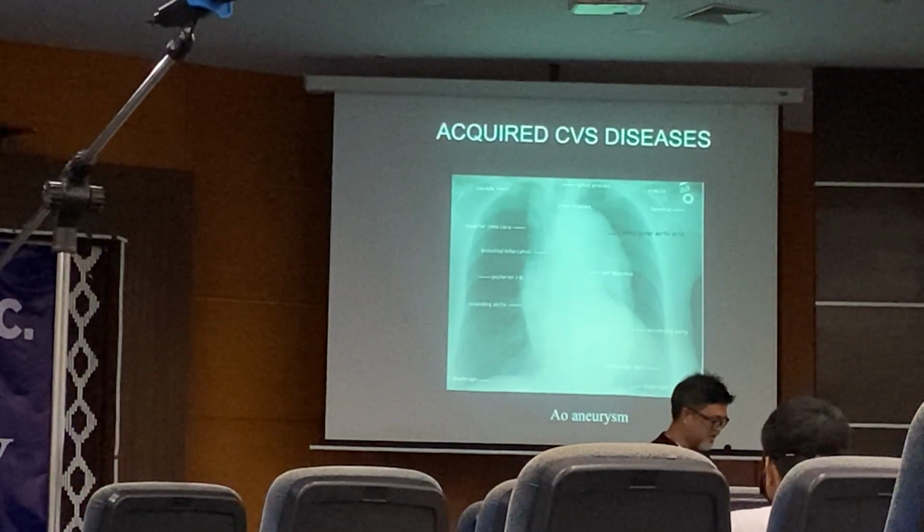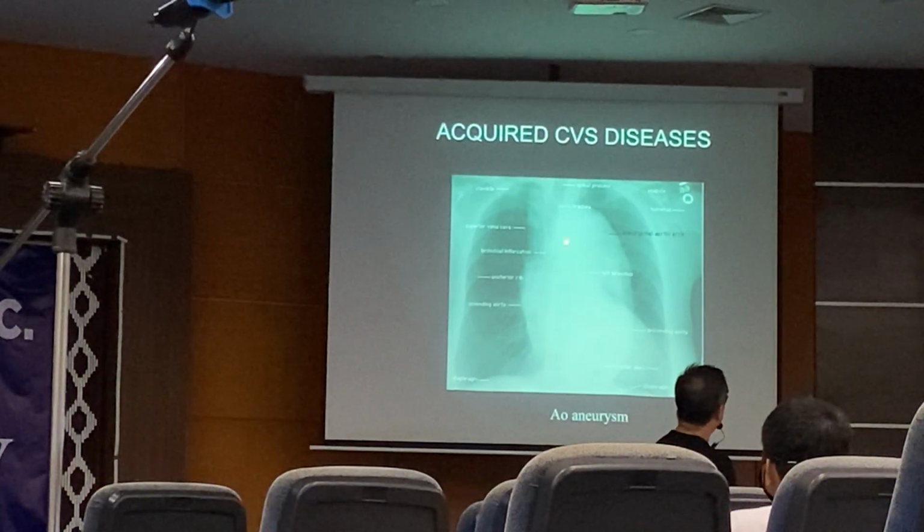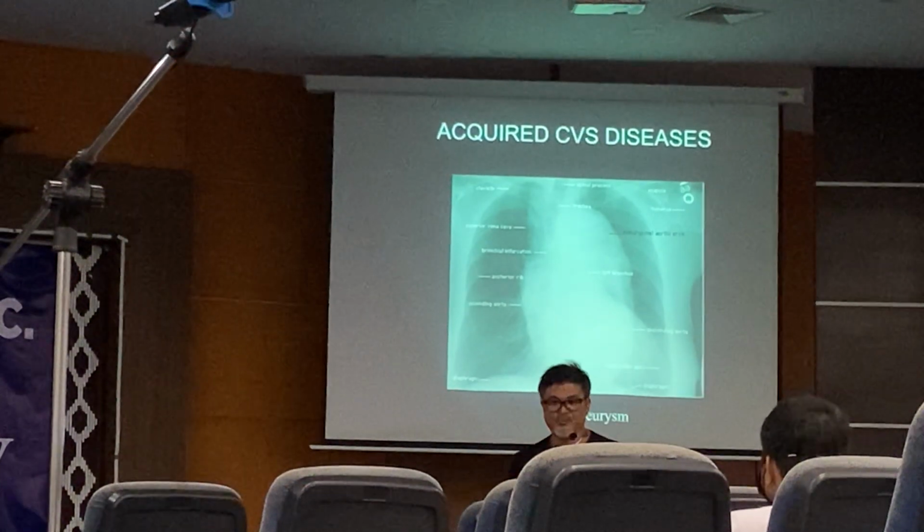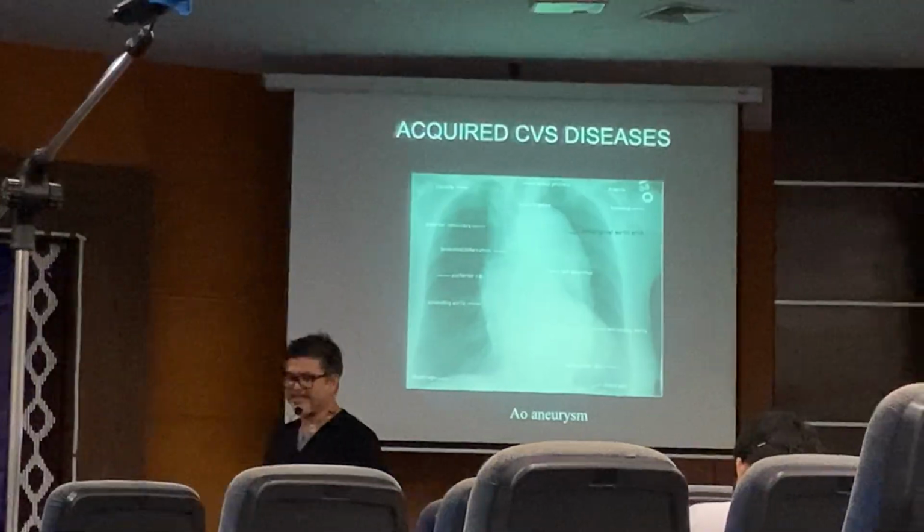But anyway, if you have a prominent aorta, be cautious, because when we get old, our aorta becomes atherosclerotic. It turns and becomes tortuous. It would appear, like in the PA view, that you have an aortic aneurysm.